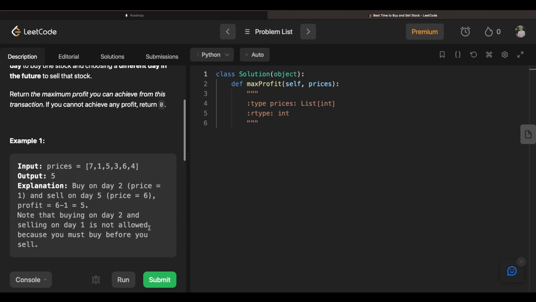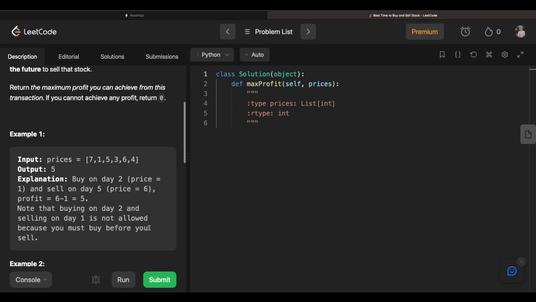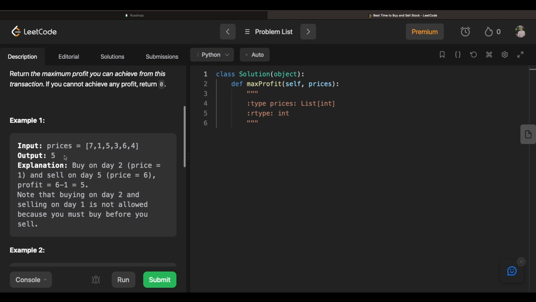Okay, let's take a look at a few examples because I'm not entirely clear yet what it means. So if these are the prices of the stock, output is 5. So we can buy on day 2, which is here, and sell on day 5, which is here, right? Yeah, so 6 minus 1 is 5.